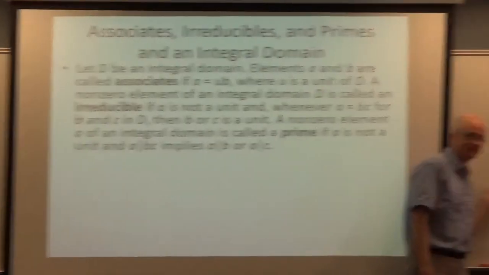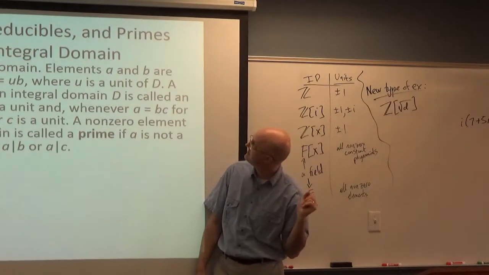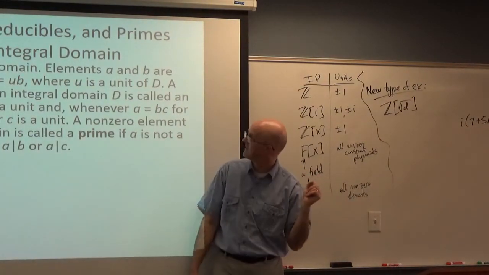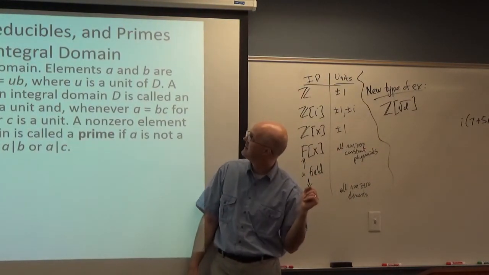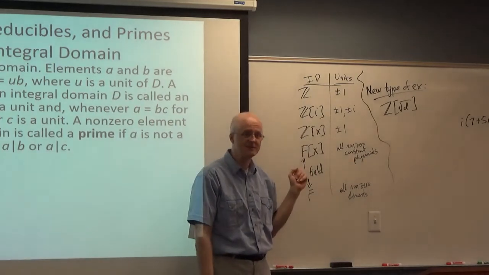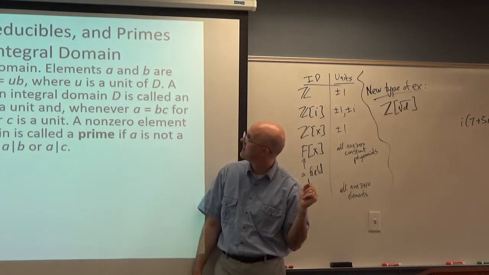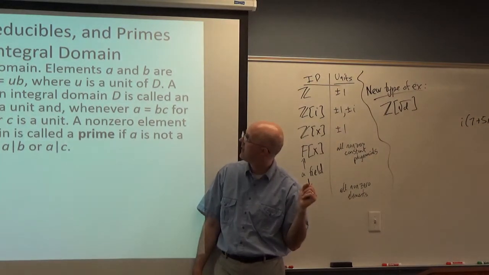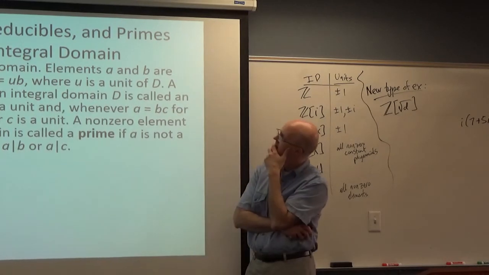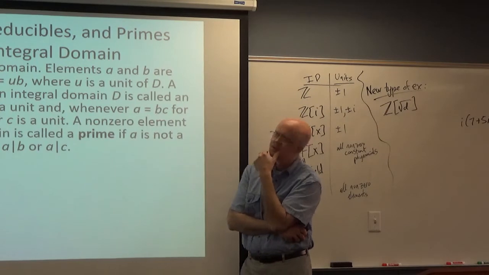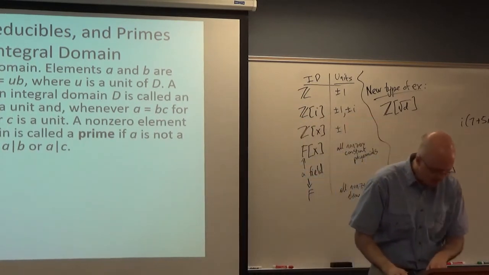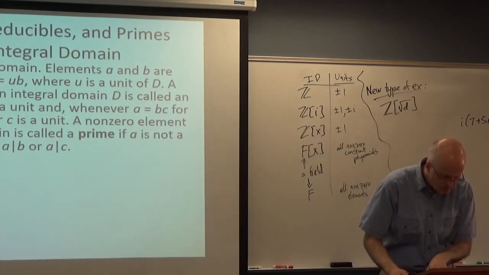In a field, every element is an associate of every other element. Yeah, so I guess 0 is an associate of every element.